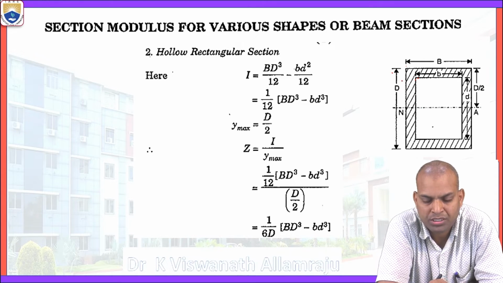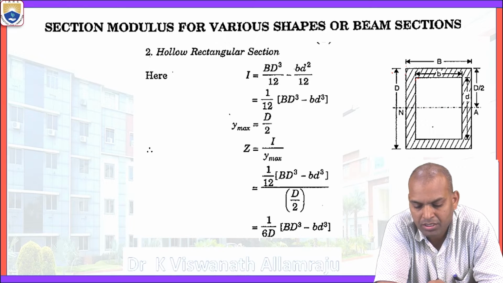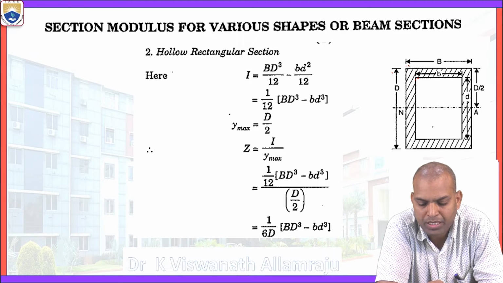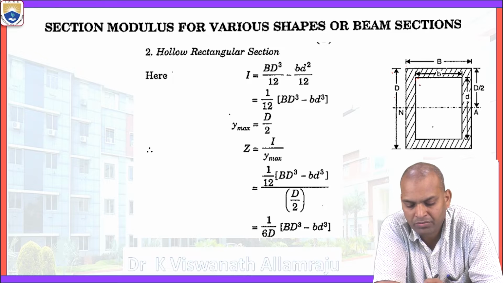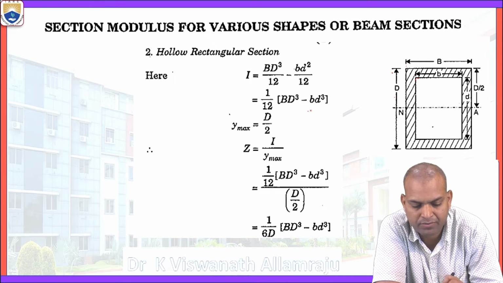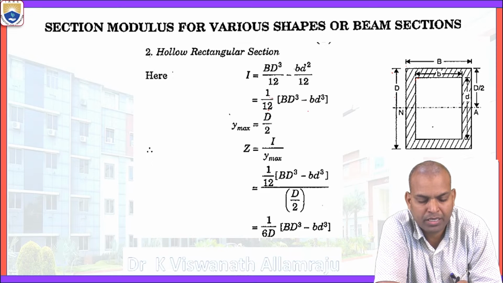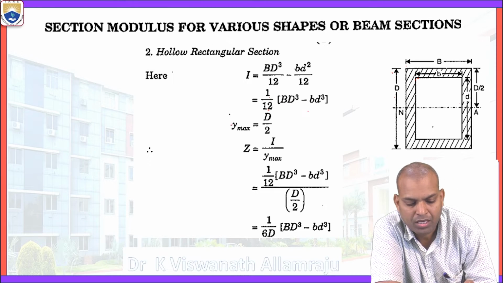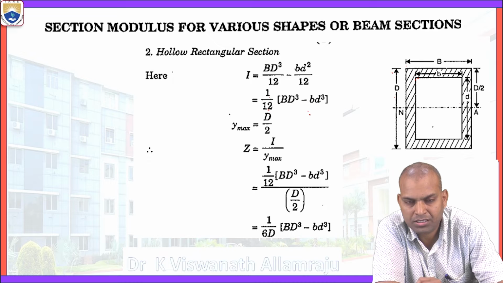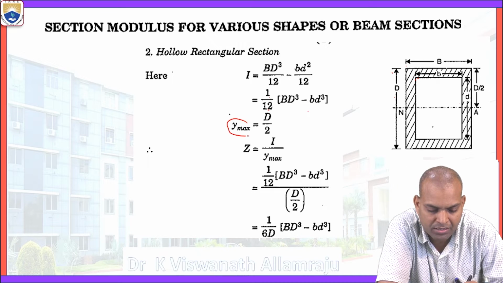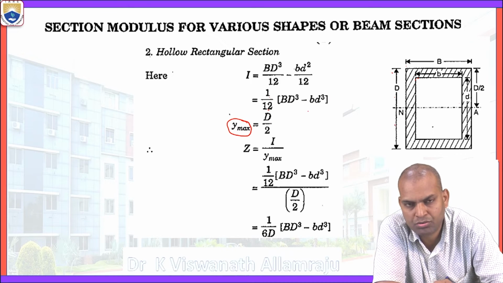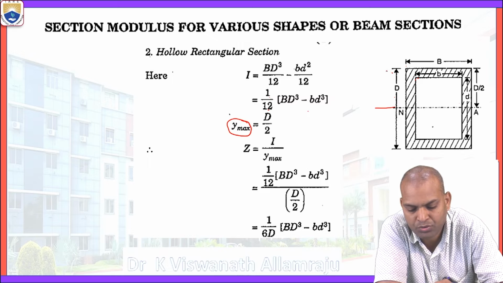The I value about the neutral axis is capital B capital D cube by 12 minus small b small d cube by 12. If we take 1 by 12 as common, it is capital B D cube minus small b d cube. Now what is y maximum? What is the meaning of y max? The distance from the neutral axis to the topmost layer, that is D by 2.